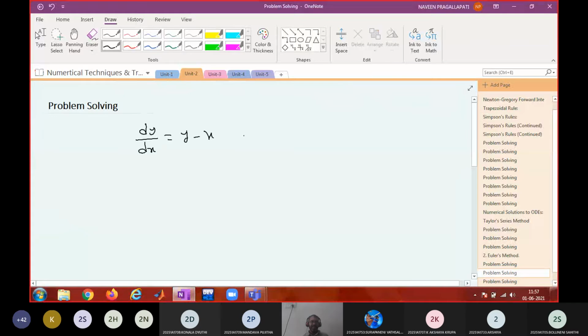Can you tell me? Variables cannot be separated directly, so how can you solve it?